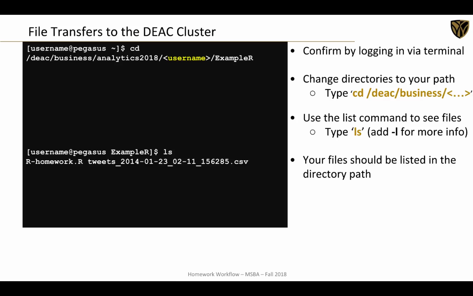From your terminal login session from earlier, you can confirm your files successfully transferred by changing directories to your research path with the command cd space, then the full directory path you selected with WinSCP, which should be /deac/business/analytics in the year /username/example R. Once in the directory, list all content of the directory with the command ls.